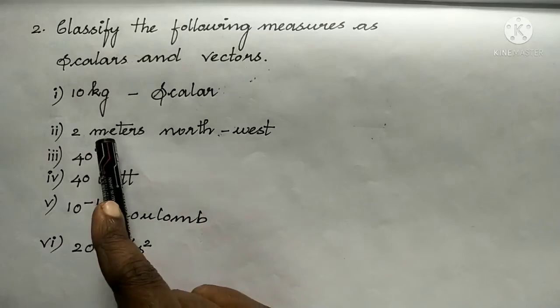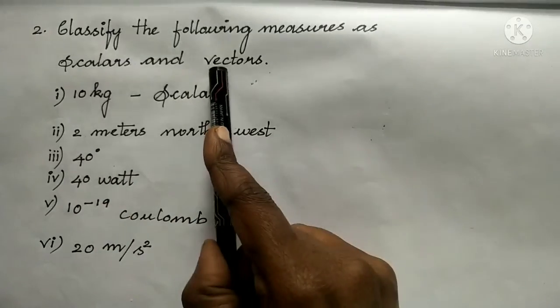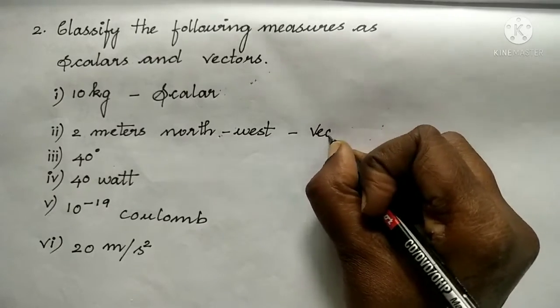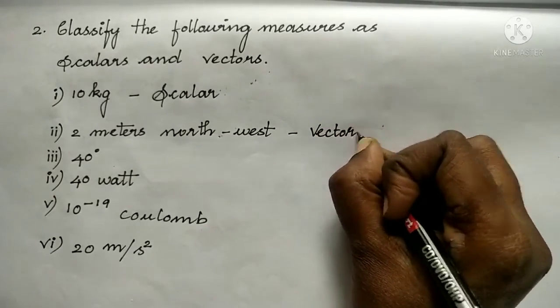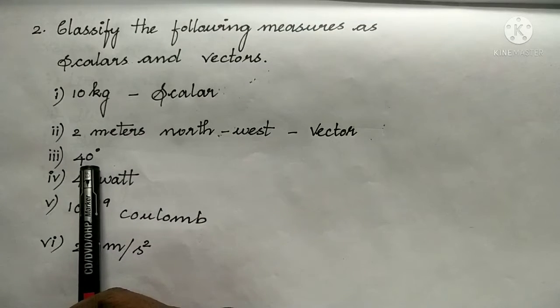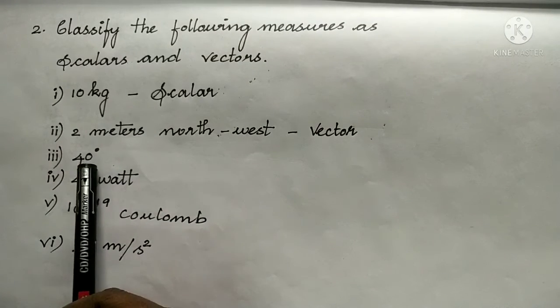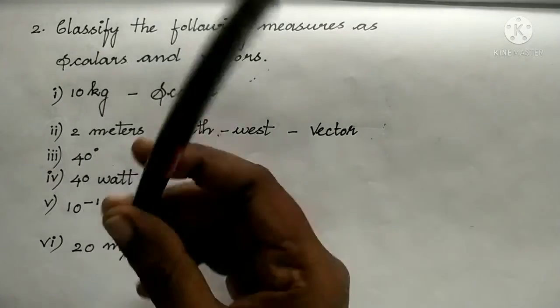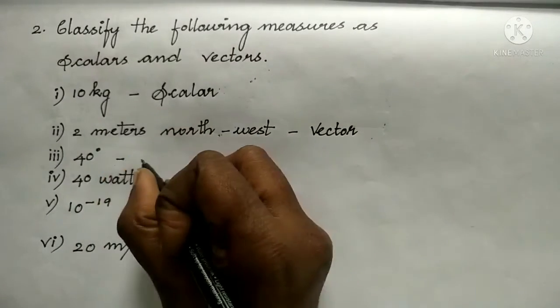A quantity which is having magnitude and direction is a vector quantity. So this one is vector. Third subdivision, 40 degree. 40 degree is angle. It does not involve any direction. So it has only magnitude. So it is a scalar quantity.